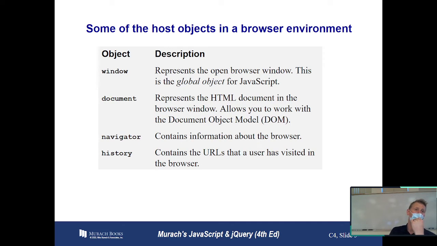The window object represents the browser window. When I think of the browser window and how it relates to JavaScript, we've probably all been on websites where you got pop-ups, right?